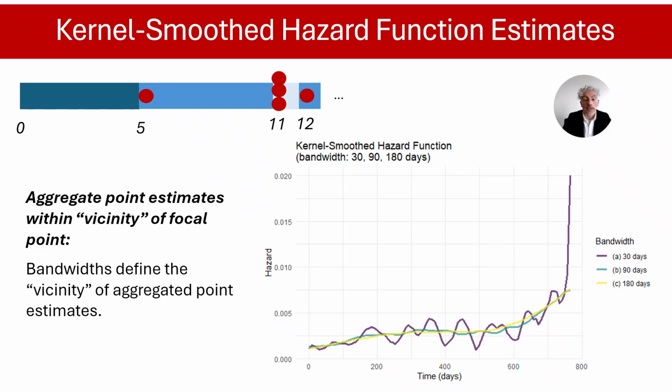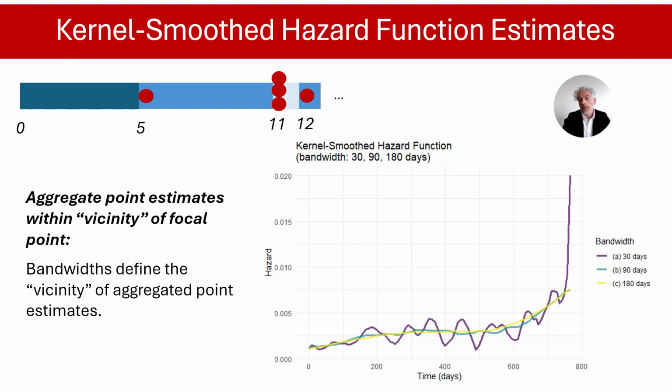So as you can see, the narrower the bandwidth, the more erratic are the estimates. You see, for example, the estimates for 30 days are more erratic, whereas the estimates are smoother as the bandwidth becomes larger.